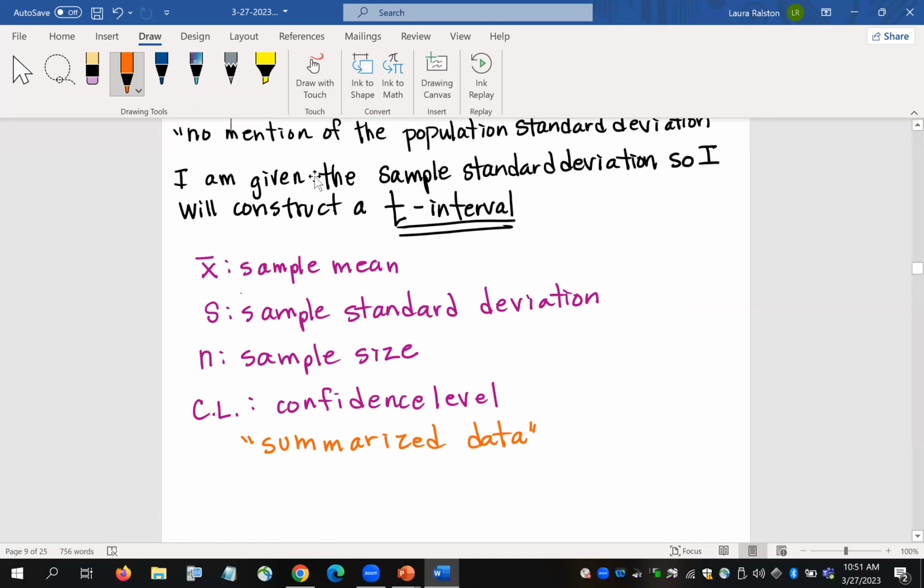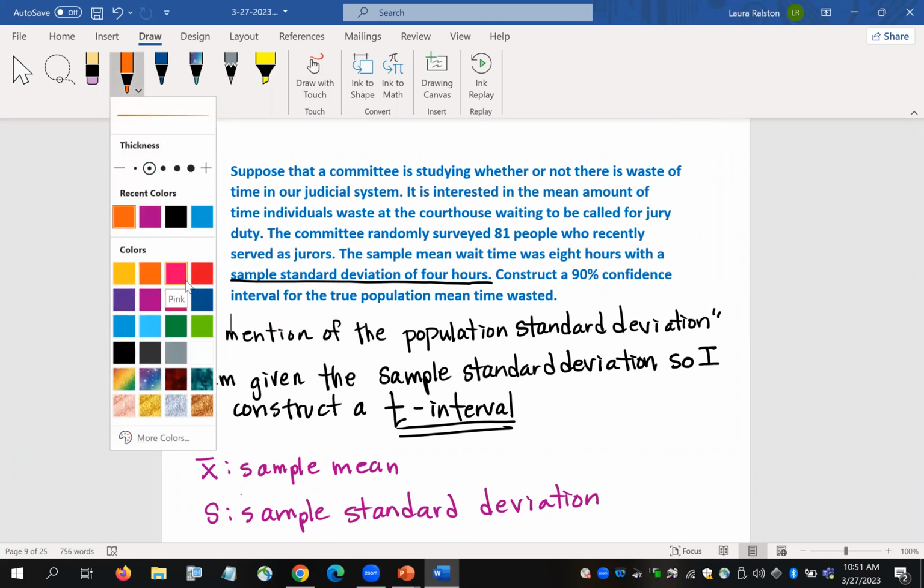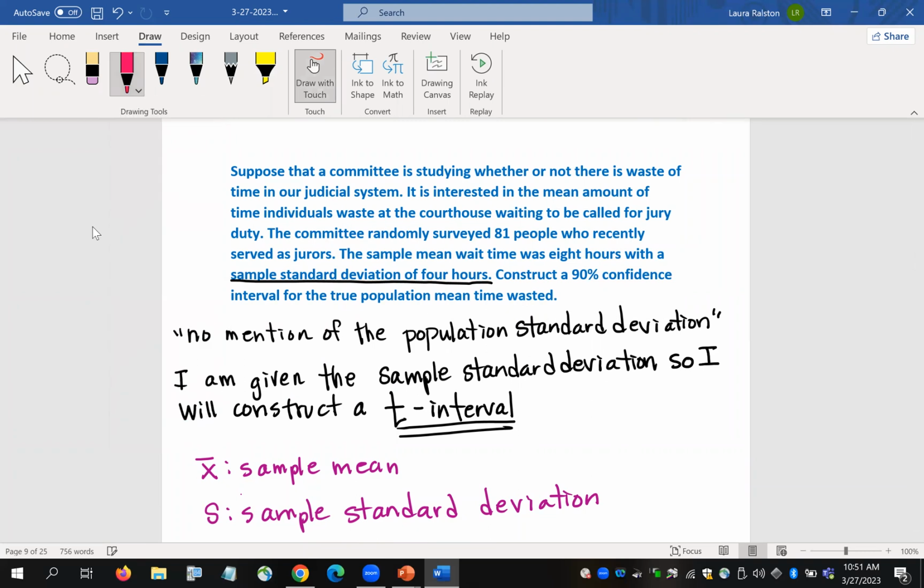Again, in this problem, if you look back at it, I do not have the list of 81 data values. It does clearly identify the other things for me. It says they surveyed 81 people.